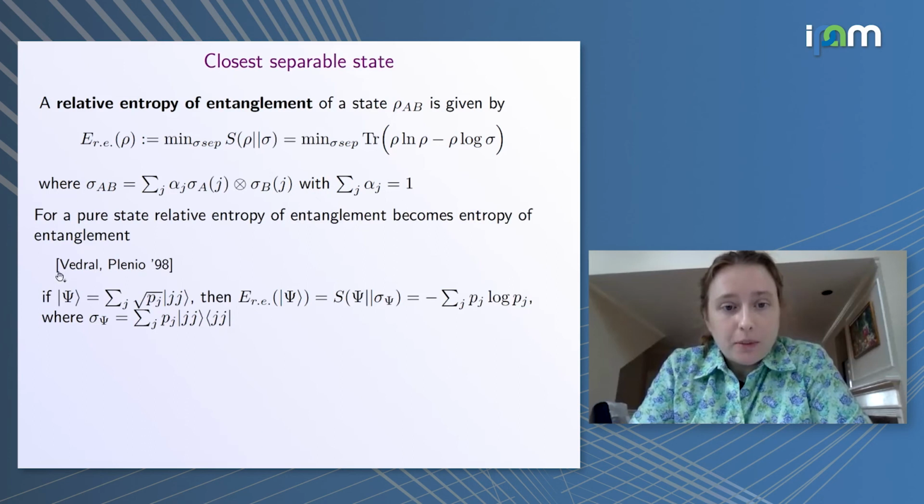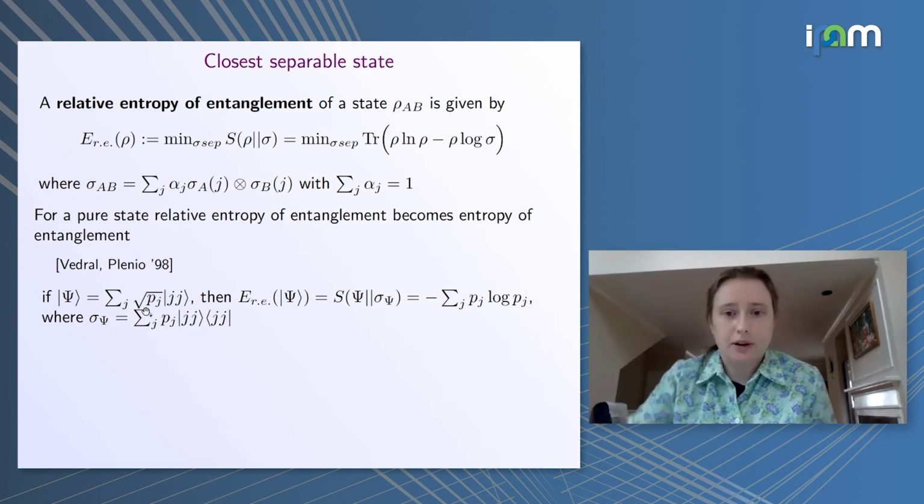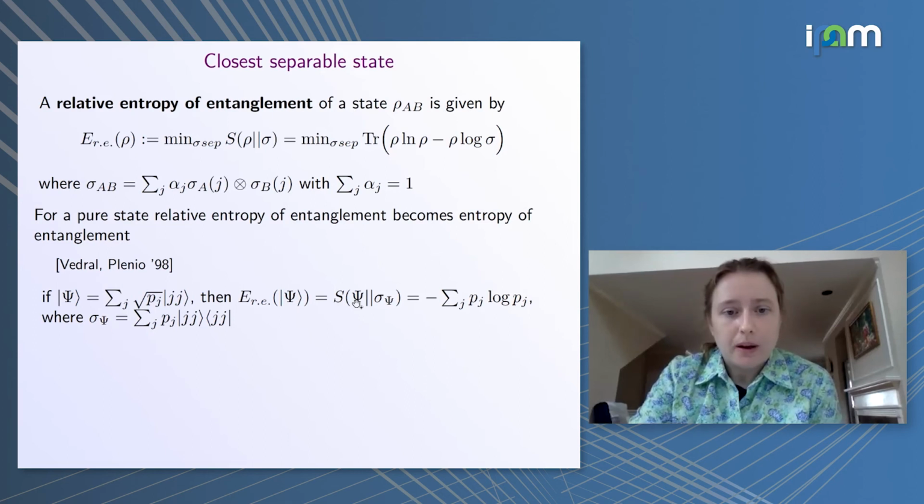But if you take a pure state, let's say psi, where the coefficients are square root of p_j. So p_j are the probabilities here, and square root of the probability distribution gives the amplitudes. So the relative entropy of entanglement is the relative entropy between state psi and a separable state sigma of the following form.